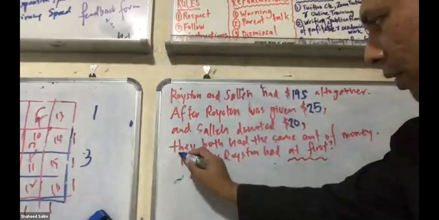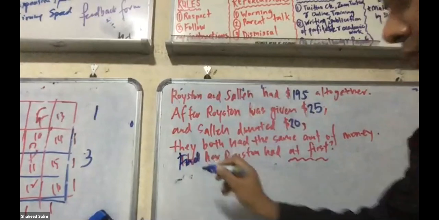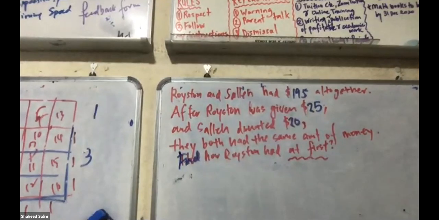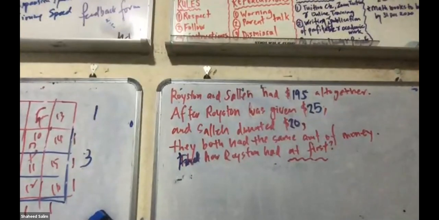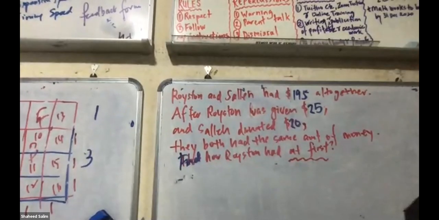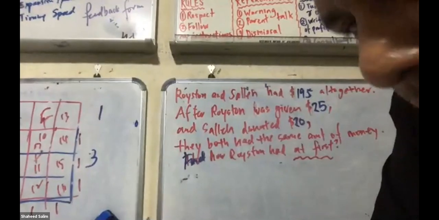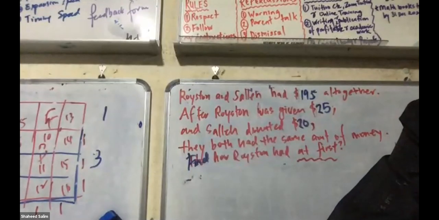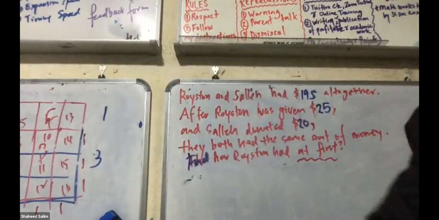Why did I write how here? Is it 100? 100 is the amount they have that's equal. 100 is what they have at the end. 50 is what they have at the end. Sorry, what did you say? 75. Yes, 75. But now you must try to do it, because I do not know when you say one answer, two answers.